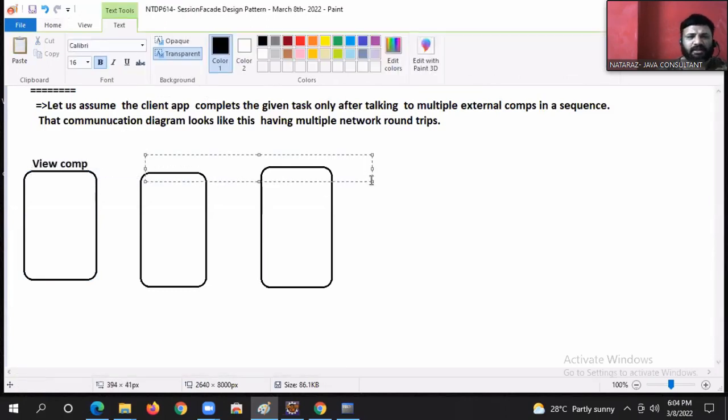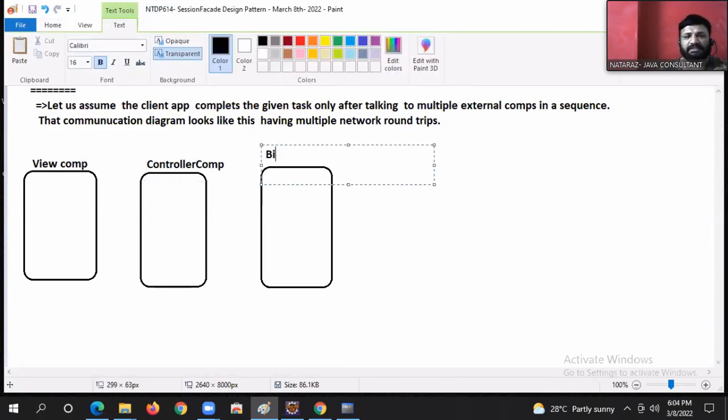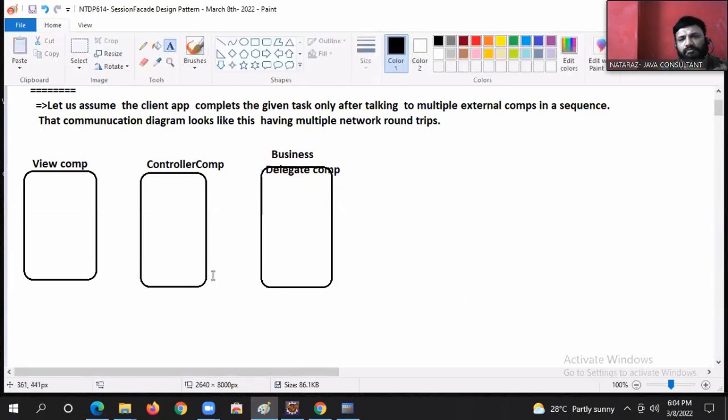This is my controller component. This is my business delegate component. Got it, guys?